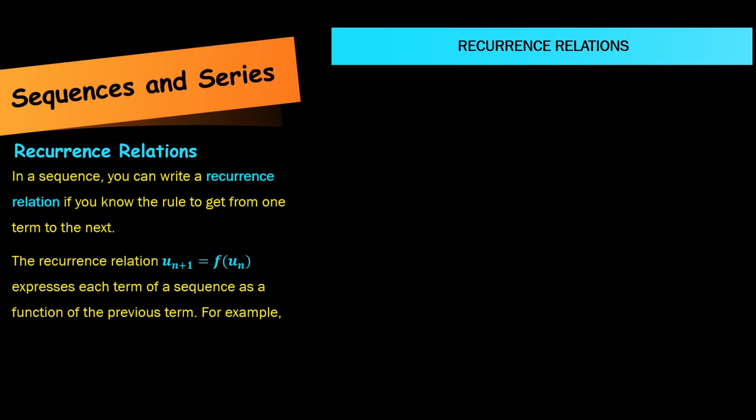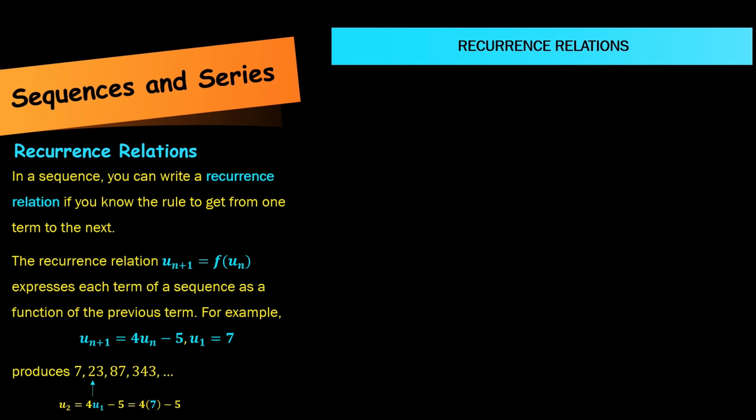So, for example, the recurrence relation u(n+1) equals 4 times u(n) minus 5 with the starting term u1 equal to 7 produces the sequence beginning 7, because of course we know that u1 equals 7, and then 23. We of course get 23 when we plug in u1 equals 7 in the equation u2 equals 4u1 minus 5.